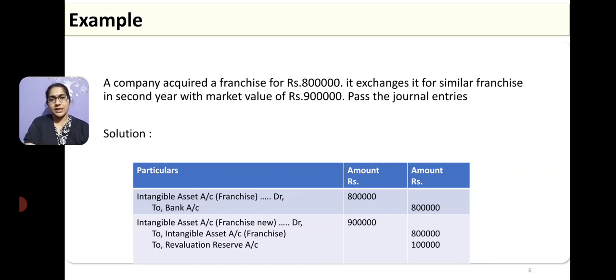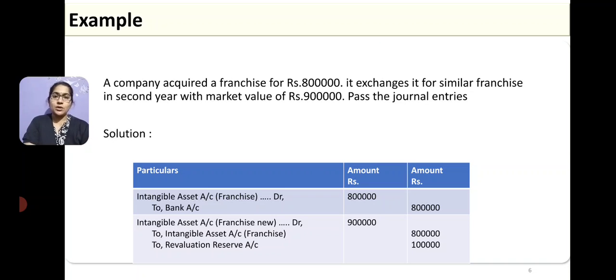So, we are passing it as an entry. In the second year, when the value has increased, the market value of the intangible asset has increased. So, then let us see what we are doing. We are debiting again the intangible asset with 9 lakh and we are crediting the old intangible asset for 8 lakh and we are also crediting the revaluation reserve, which is the increase in the value of the asset, for 1 lakh.